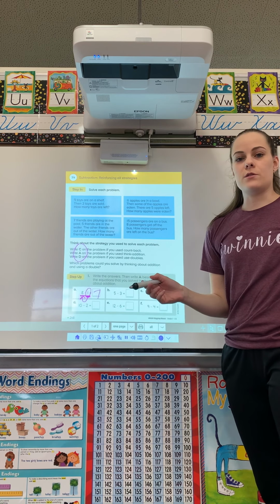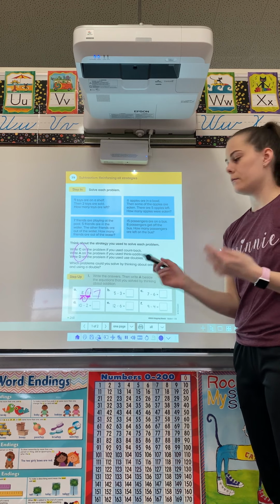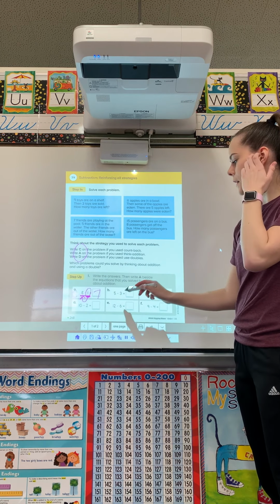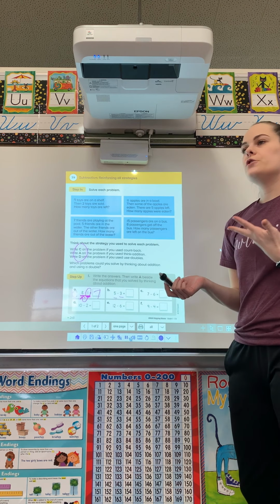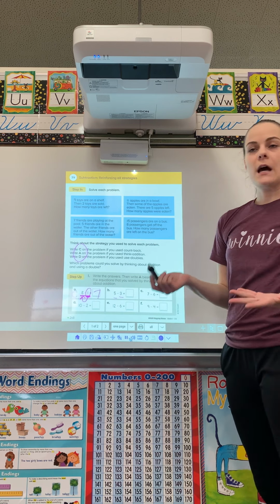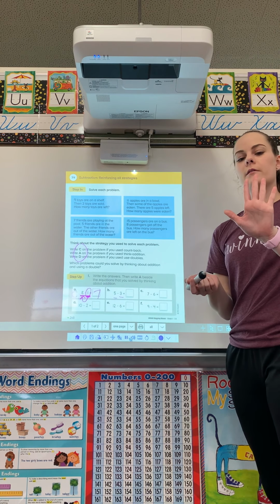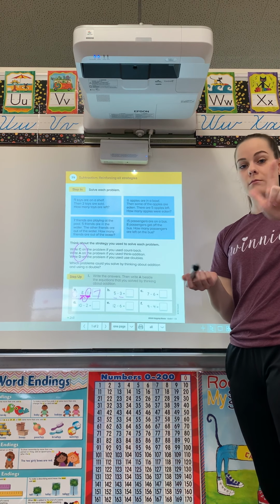So for the first one, I used the count back method, so I would write a little C. For the next one, I've got 5 take away 3. For this one, I could do either. I could count up or I could count backwards. 5 take away 3 is 2, right?